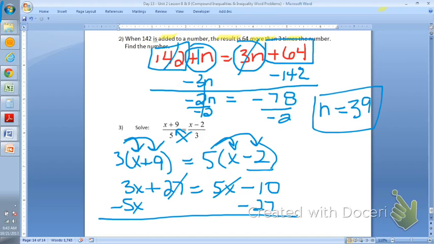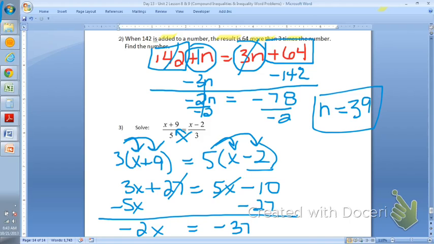Now that we have like terms on the right sides of the equations, we need to combine our like terms. Positive 3x and negative 5x are opposite signs, so you have to subtract, but the bigger sign is negative. 5 minus 3 is 2x is equal to negative 10 and negative 27 are same sign, so you have to add. They're both negative, so it still stays negative 37.